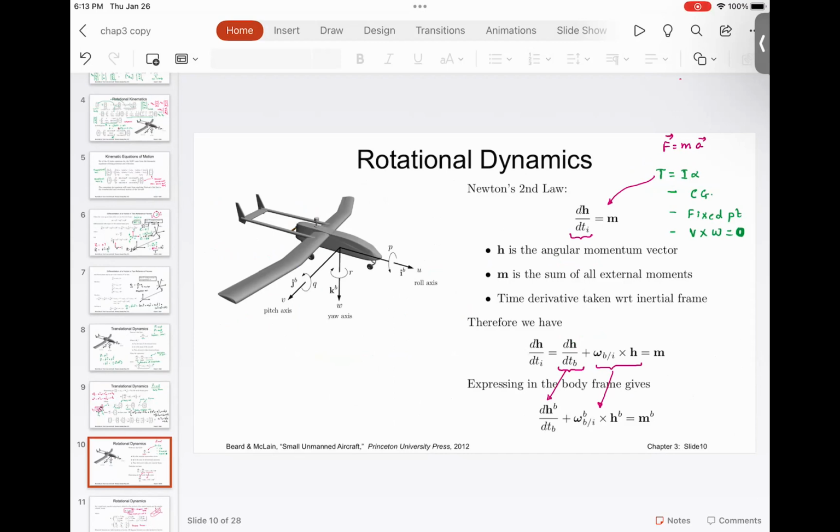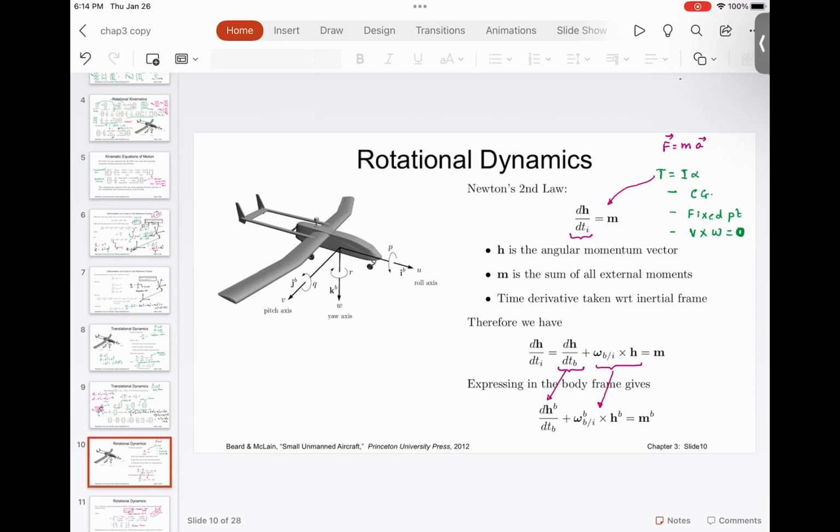Once again, this equation, the way I have written it, is applicable only in 3 conditions, because angular momentum is always about an axis. Linear momentum is not. Linear momentum is on the axis. Angular momentum is about the axis.